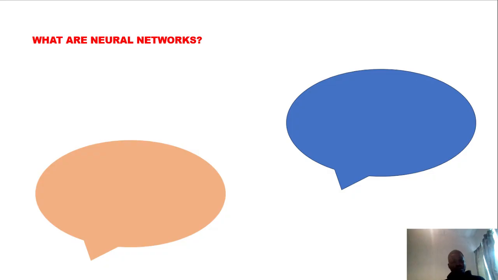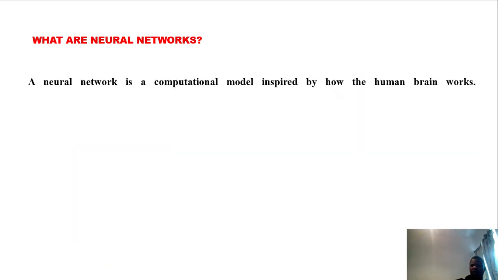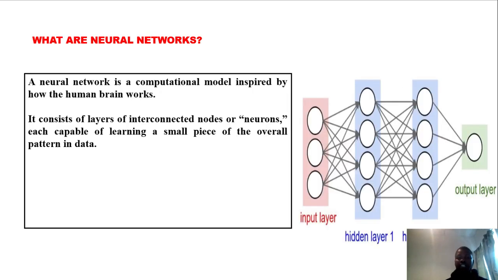What are neural networks? A neural network is a computational model inspired by how the human brain works. It generally consists of layers of interconnected nodes or neurons. Each of these is capable of learning a small piece of the overall patterns in data.